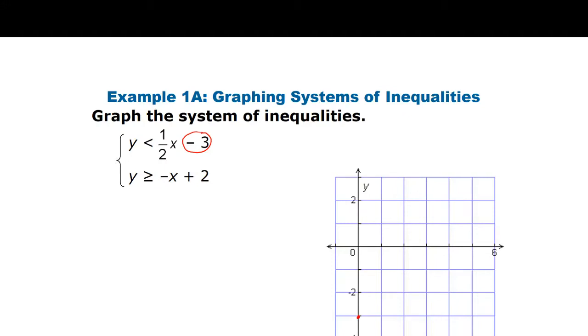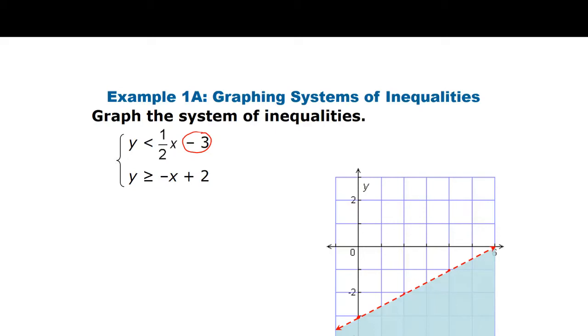And it says rise 1, run 2. So rise 1, run 2, rise 1, run 2. And notice that this is not equal to, so we're going to have a dashed line. So there it is. All right, and it says that y is less than that, so let's just shade down below, the y's down below.